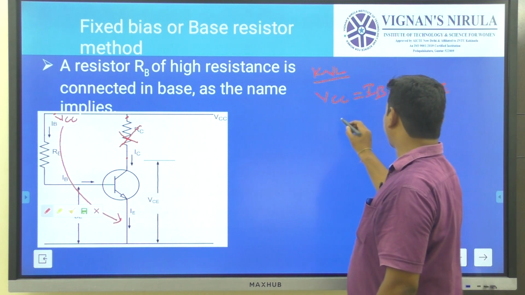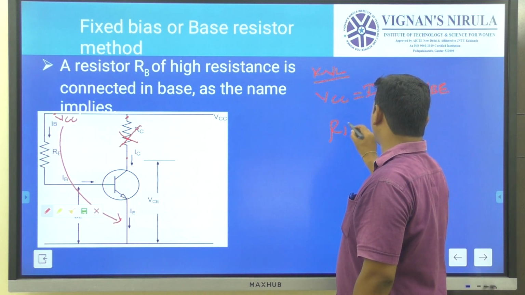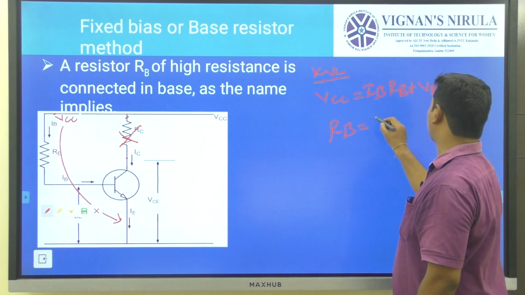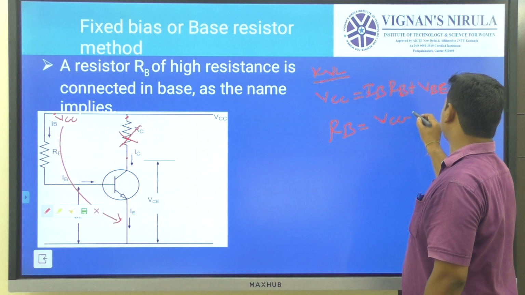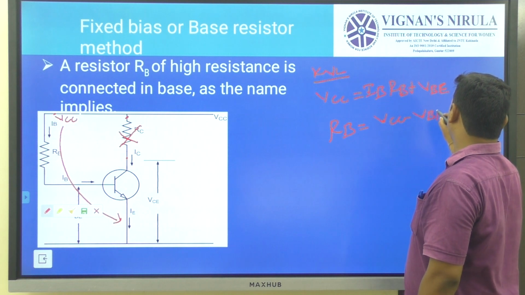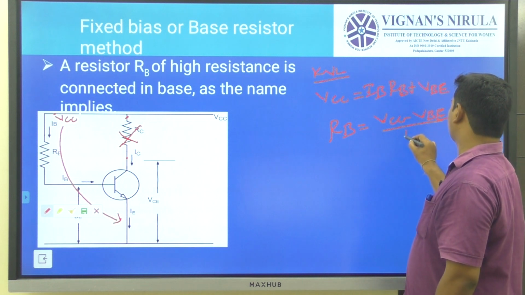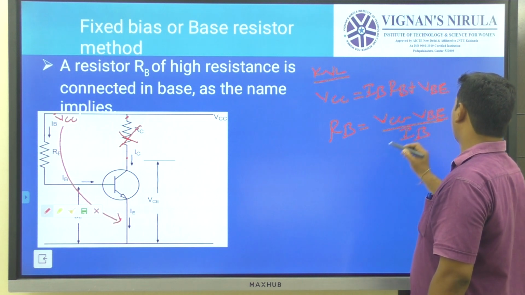From this I can write that RB is equal to (VCC minus VBE) divided by IB.